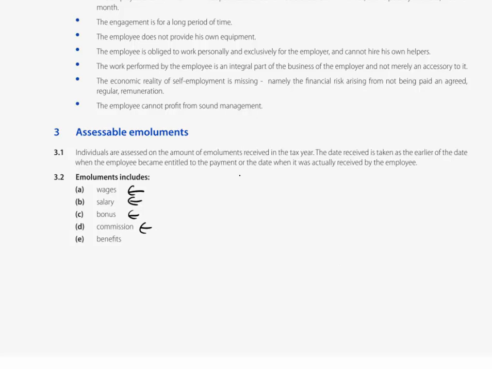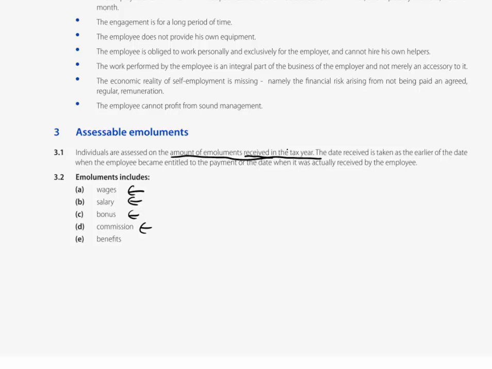Now what we'll see in terms of those cash payments is the basis of assessment, and there is obviously one logical basis by which we'll assess, and that is on the amount of emoluments received in the tax year. So it doesn't matter what was earned, what matters is what was received.